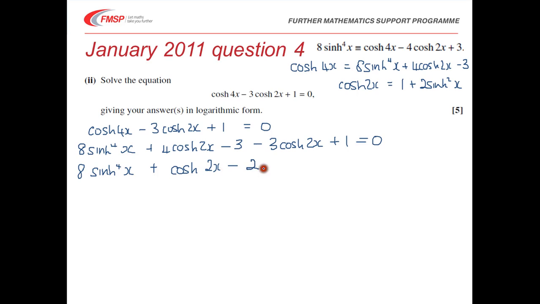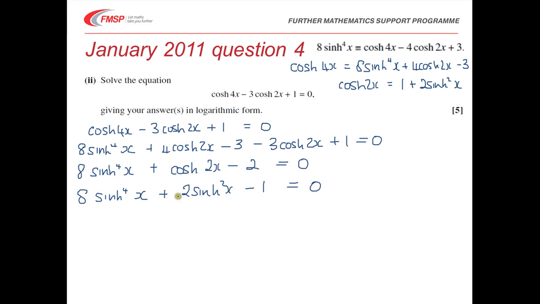Minus 2 equals 0. And now we'll substitute in cosh 2x is 1 plus 2 sinh squared. And we have a minus 2 here and a plus 1 here, so that's going to be minus 1.